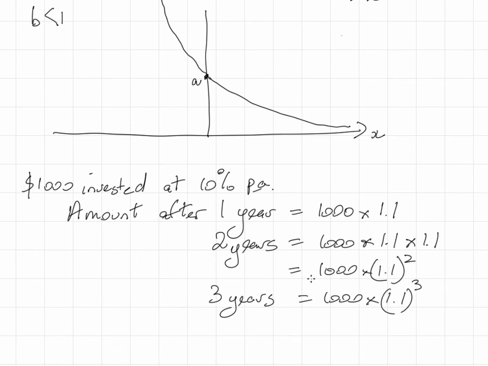And you can see the connection, 2 years to the power of 2, 3 years to the power of 3, after n years equals 1,000 times 1.1 to the power of n. That's an exponential function. Here's my a, here's my b, and here's my x. So the amount after n years is 1,000 times 1.1 to the power of n.